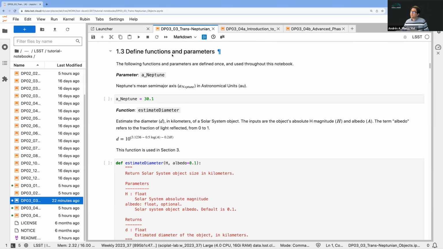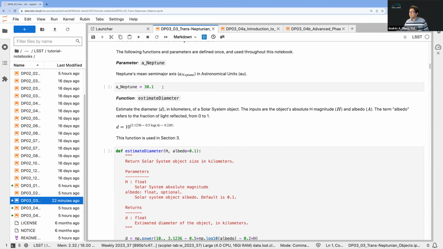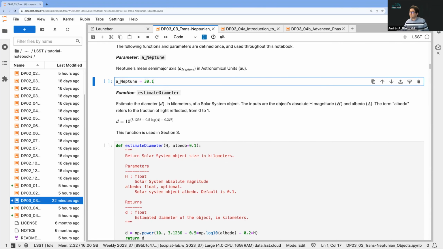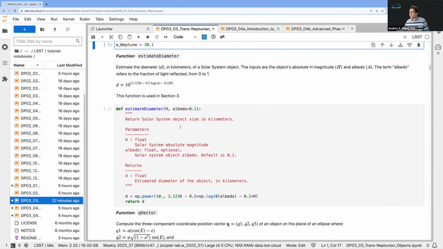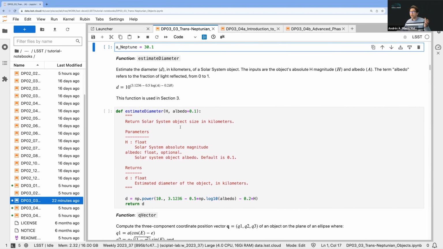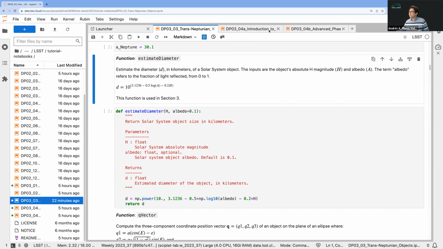So we start by defining functions and parameters. One parameter that we're going to use a lot, of course, is the mean distance to Neptune in astronomical units. Another function that we're going to use is the diameter of a TNO as a function of what is called the absolute magnitude H. This is an important quantity within the solar system.